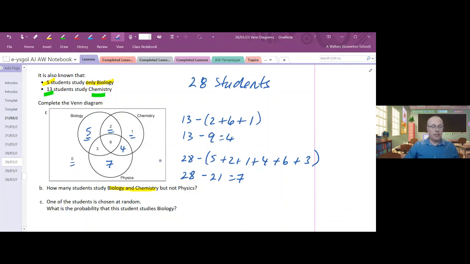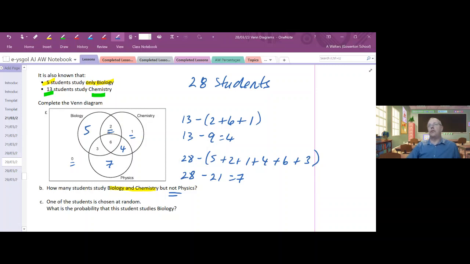Let me just check something there a second. Yes, there we are. Trying to explain that better to you. Sorry. So the people that study biology and chemistry, but not physics. Now, the people who study biology and chemistry are the 5, the 2, and the 1.